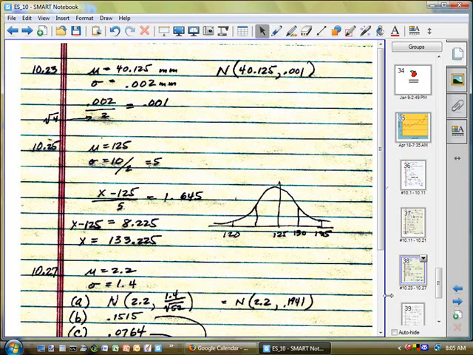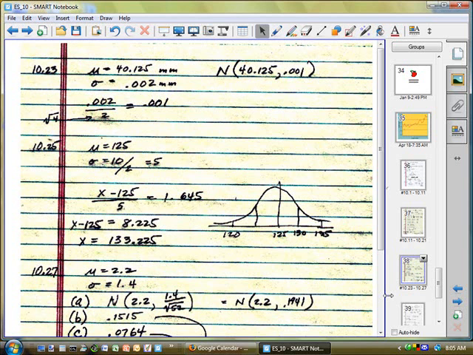Why do we still use this notation even though that was a non-normal distribution? Well, the answer is because when you do a sampling distribution, and we had a healthy number, 500, it becomes normal anyway. That's the central limit theorem there.